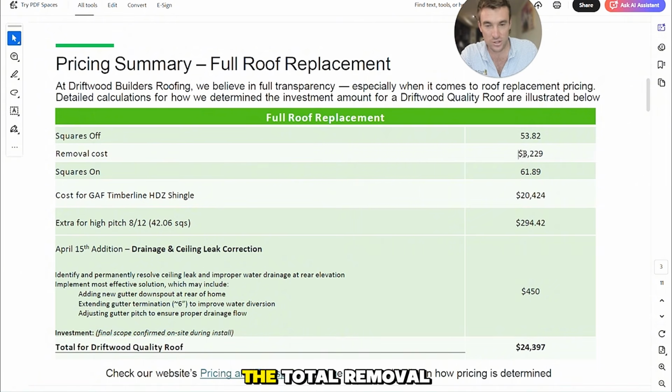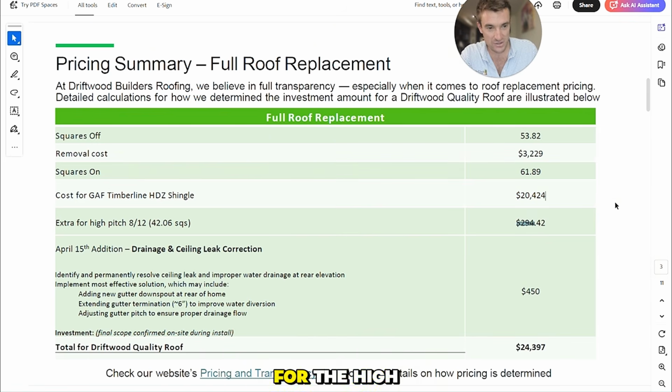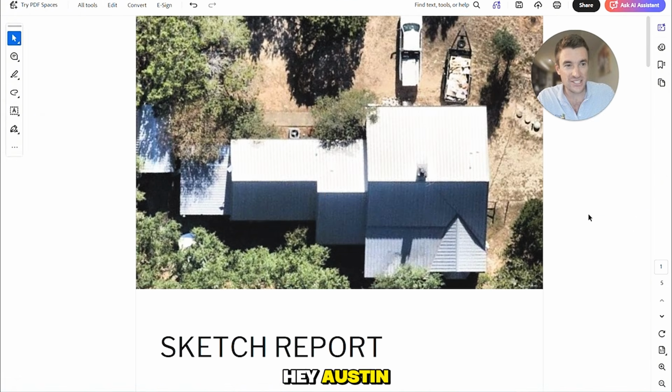So we take the total removal cost plus the total additional cost plus the addition for the high pitch. And then for this roof specifically, we added an additional $450 in gutter downspouts, and that gets us to a total price of $24,397.